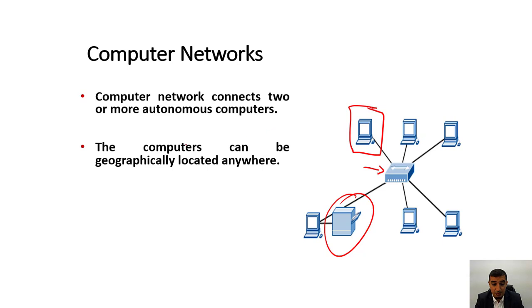So the computers can be geographically located almost anywhere. Some networks you can think of like a building, like our engineering building on the campus. It has, I think, around 400 computers. We have a small server room, which contains only the switch that connects all these computers.